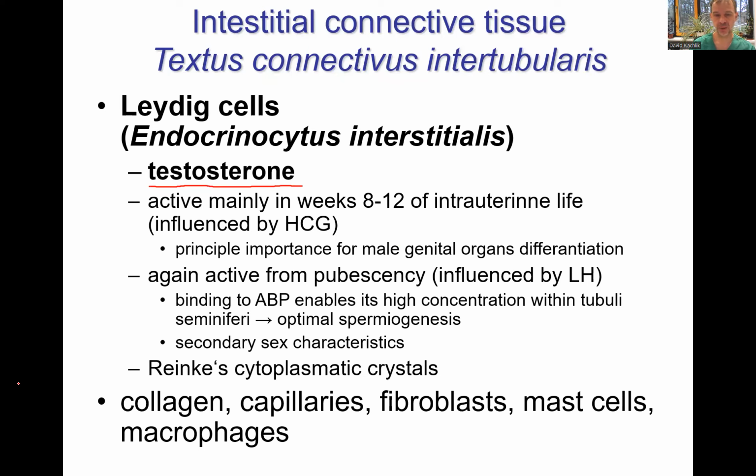This testosterone is influenced by the pituitary gland again, by its anterior lobe, adenohypophysis, by so-called luteal hormone, LH. Yeah, the Sertoli cells were influenced by follicle stimulating hormone, and the Leydig cells by luteal hormone.